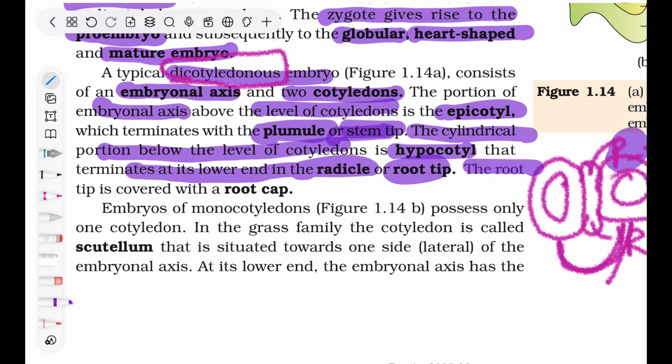The root tip is also covered by a protective cap, the root cap, to protect the end of the root from any type of destruction or harm.